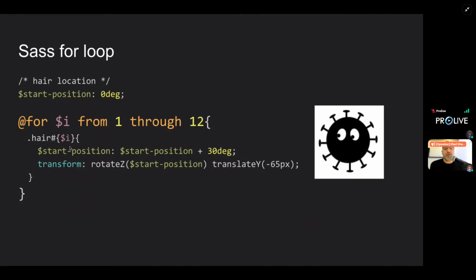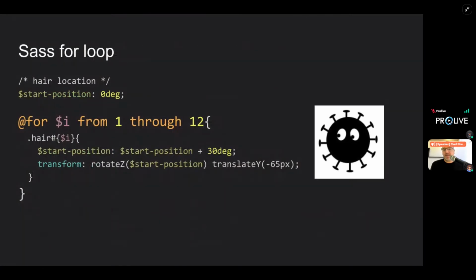In every iteration, this dynamically created the CSS selector between R1 and R12. In every iteration, the Sass variable start position is getting bigger by 30 degrees, and I'm just putting the Sass variable inside the rotate z value inside the transform property. And in this way, I just created this CSS.